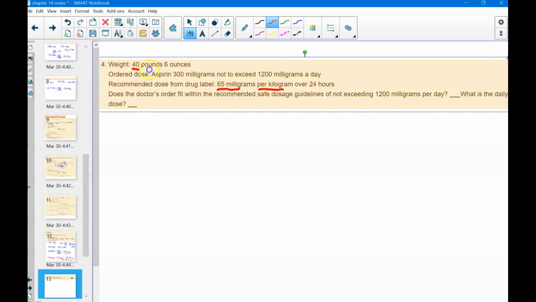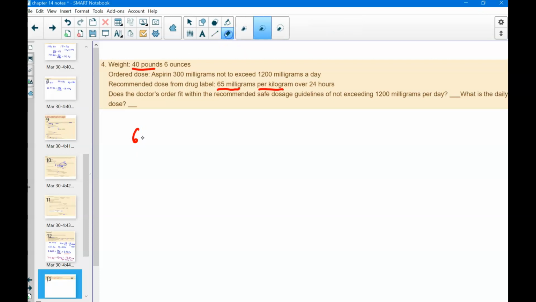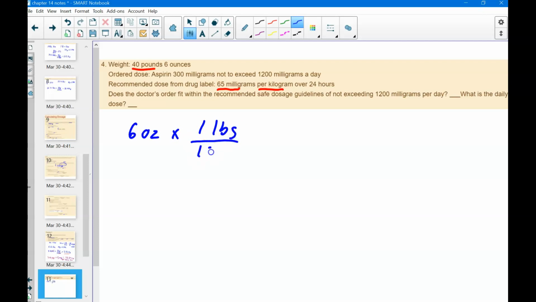Okay, first thing I do is convert pounds into kilograms. So we have 6 ounces multiplied by 1 pound over 16 ounces equals, you know that our ounces will cancel.